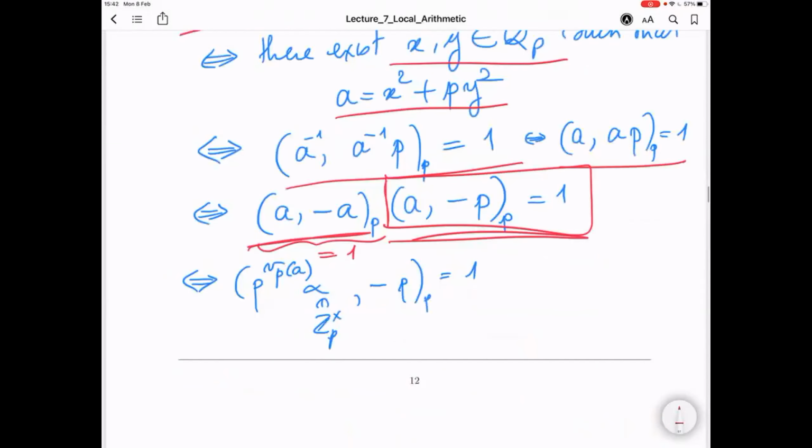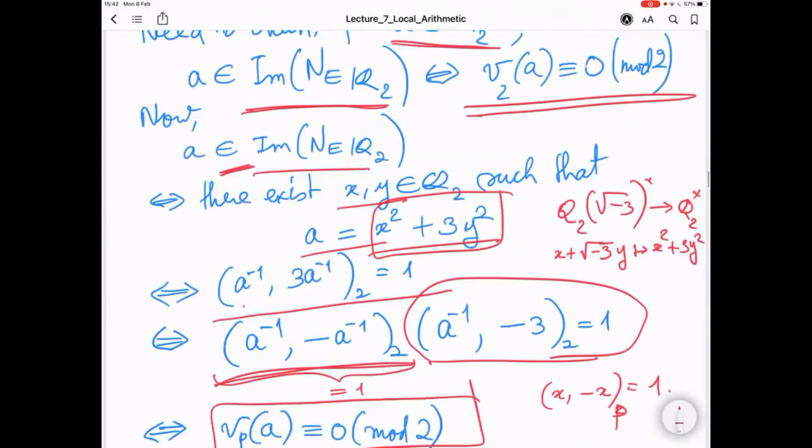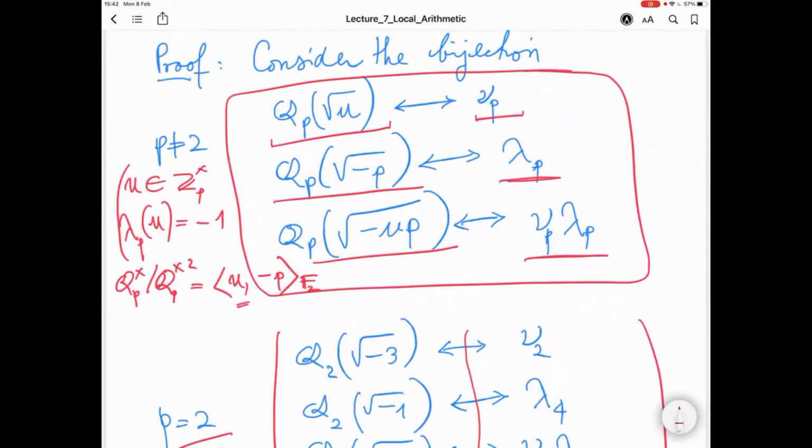Now that's completely clear because of the way we had defined it. For example, let's see, where was the definition? Yeah. So you can see clearly that this quadratic extension corresponds to the element u bar. This quadratic extension corresponds to the element minus p bar. And this one corresponds to the product of these things, u bar times minus p bar, right?